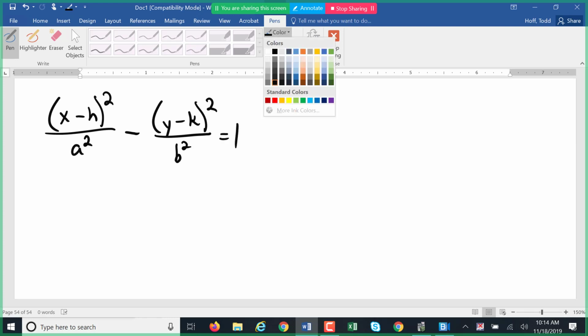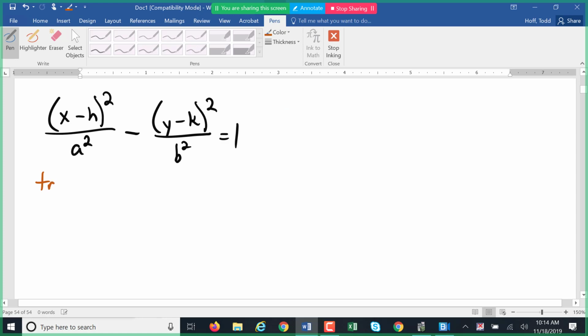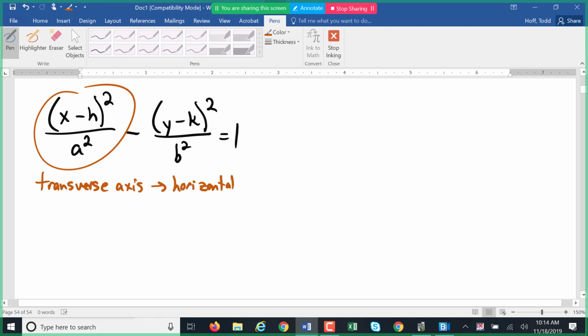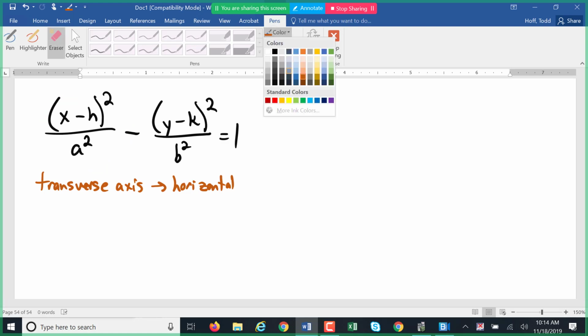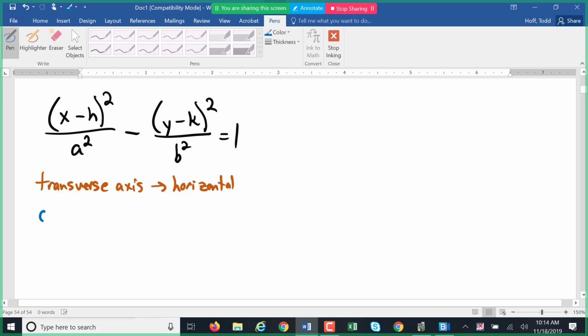In this general form, the transverse axis is horizontal because the x is the positive term. The center is at (h, k).